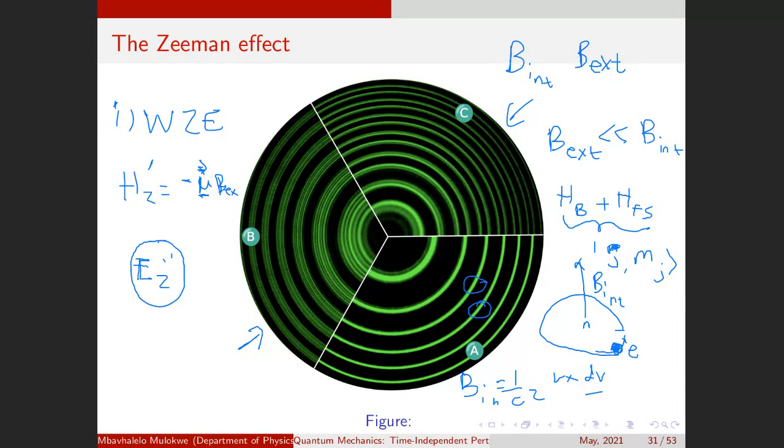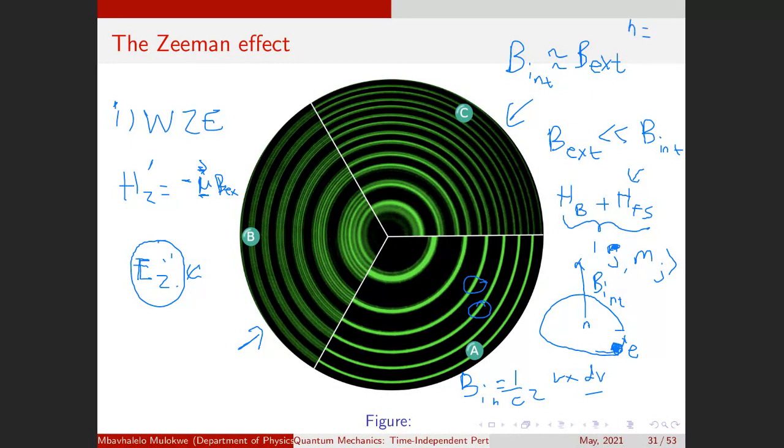Whereas if it is the other way around, if it happens that the external magnetic field is very dominant, then this term will be the perturbation, whereas this one will be dominant. That will be the strong Zeeman effect. But if these two magnetic fields are of the same order of magnitude, then you have to go directly and use degenerate perturbation theory.